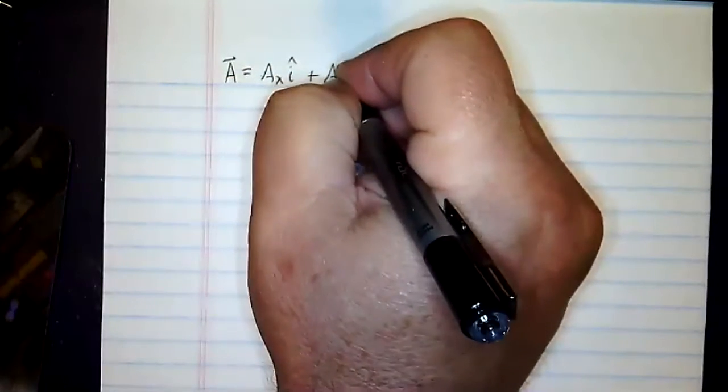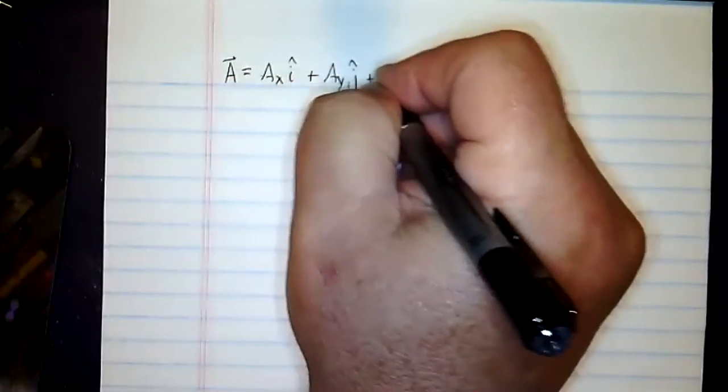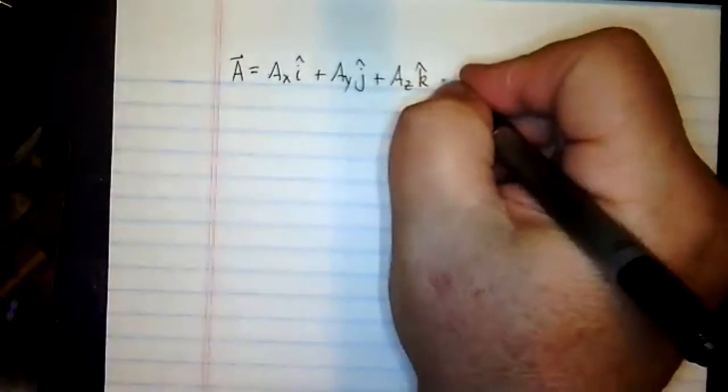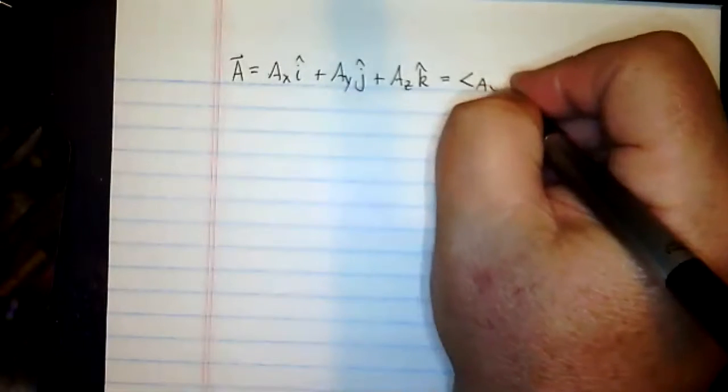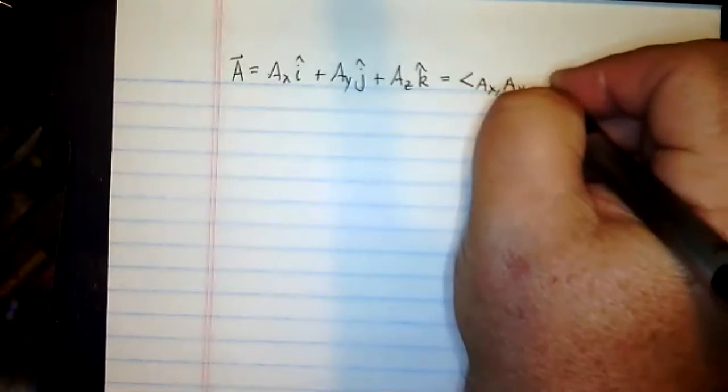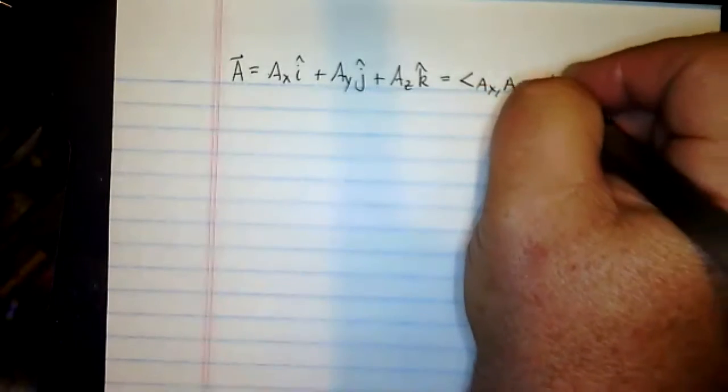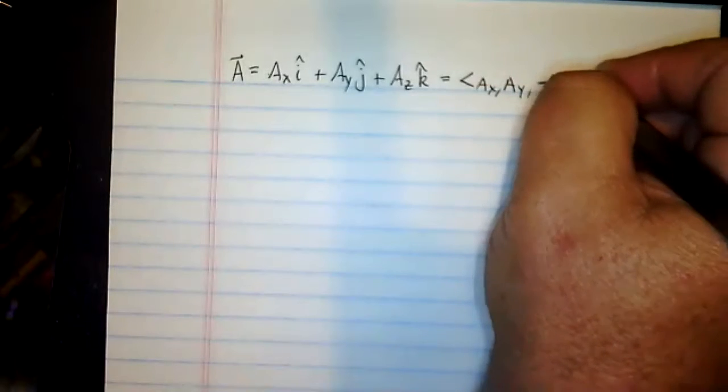So if I define the vector A as AX i hat plus AY j hat plus AZ k hat, which is actually a lot quicker to write with this kind of notation where we just do A sub X, A sub Y, A sub Z, like that.